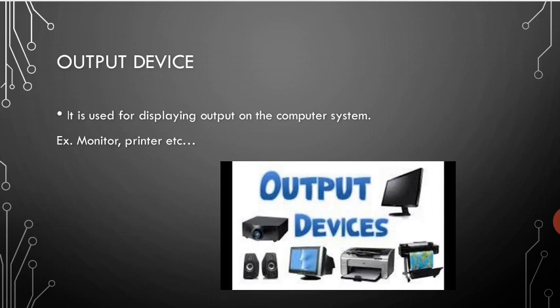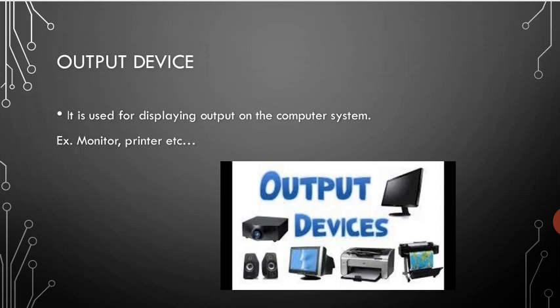Now today we talk about output devices, which are used to display the result on the computer screen. According to the IPO cycle, when the process is done by the processor, the CPU sends that information back to the output device, and the output device displays the result on the computer screen. Examples are monitor, printer, etc.